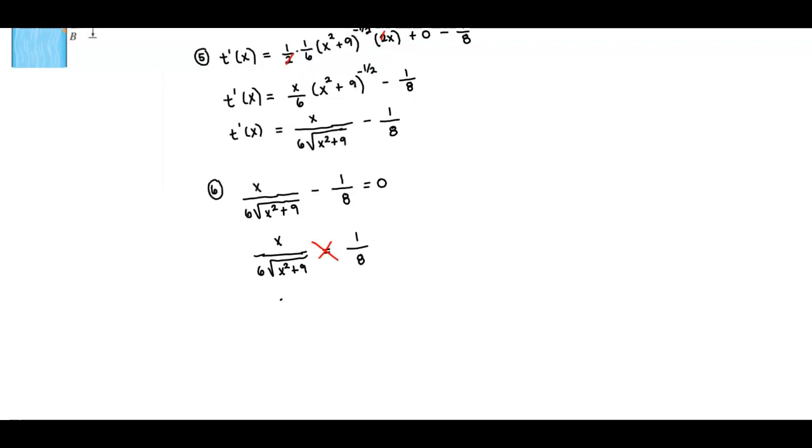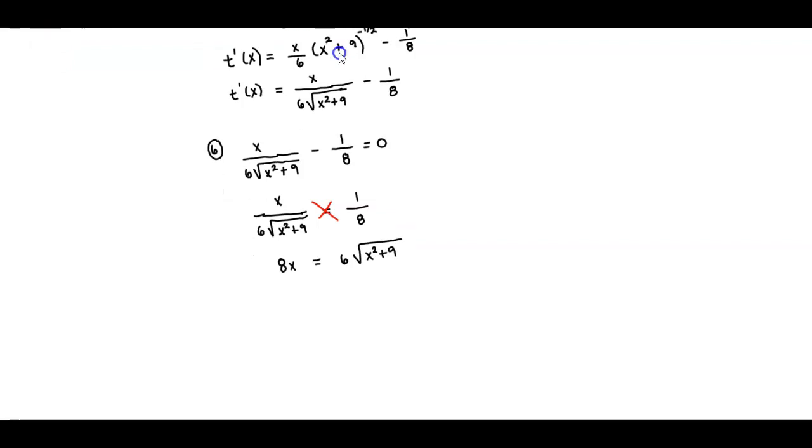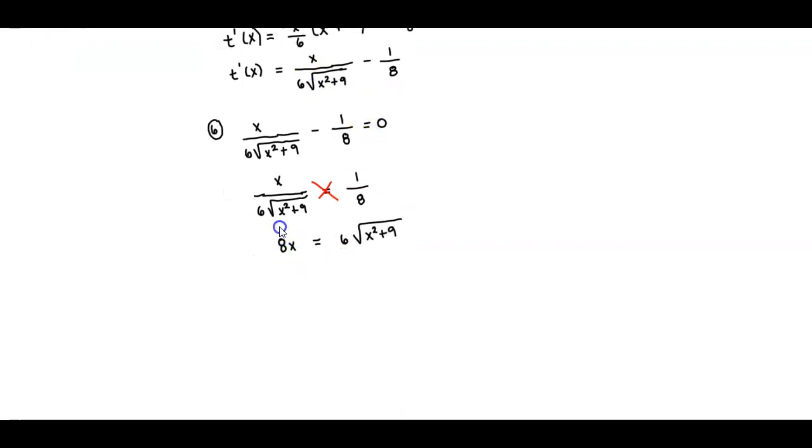So we have 8 times x, which is 8x, and that's going to equal 6 times the square root of x squared plus 9. If we divide both sides by 2, we can simplify the 8 and the 6 to be 4x, which is equal to 3 times the square root of x squared plus 9. Now we want to eliminate that square root, so we're going to square both sides. We square the 4x, and then we square 3 times the square root of x squared plus 9.